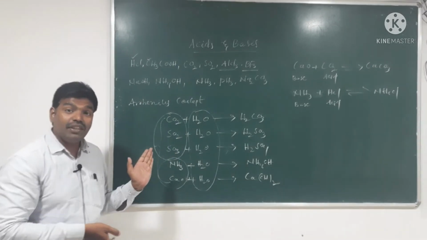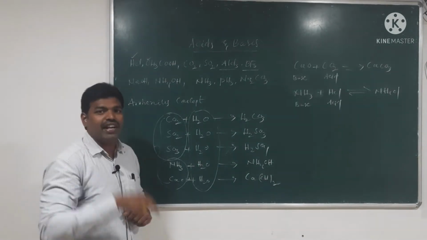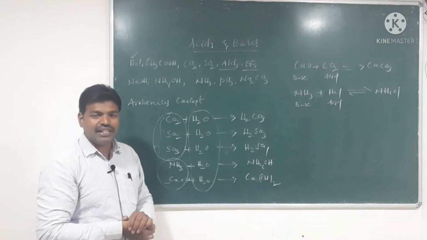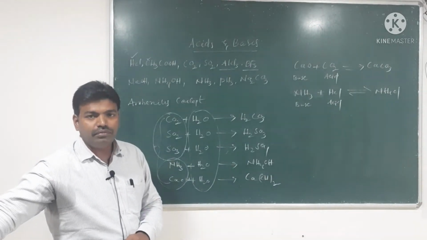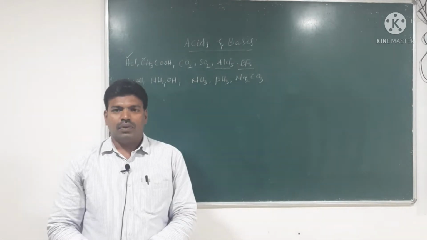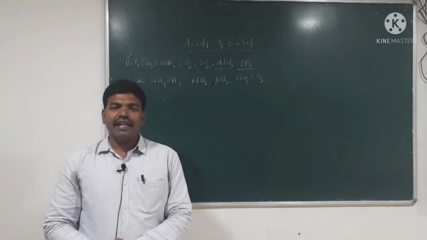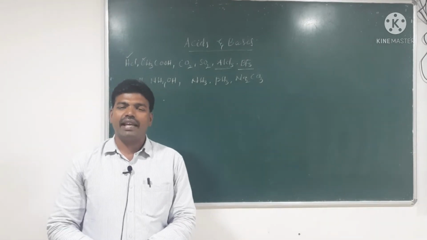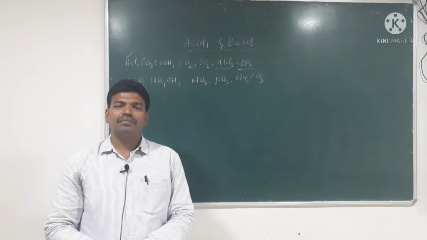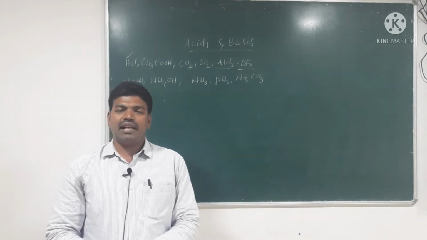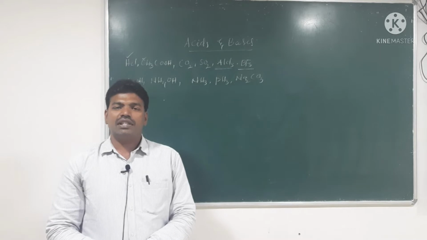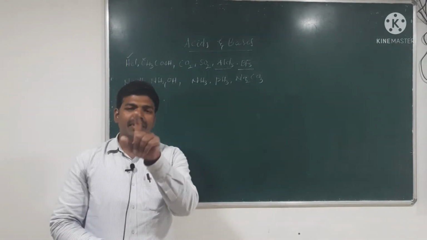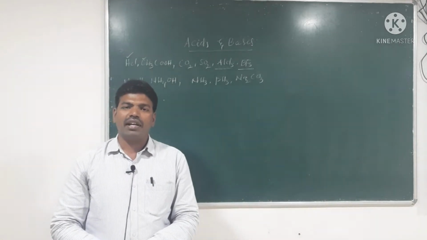If we use another solvent instead of water, right? This is about Arrhenius theory. Arrhenius theory fails to explain the acidic nature of some salts like AlCl3 and BF3, and non-aqueous acids like CO2, SO2, SO3, but that limitation can be overcome in the presence of water as solvent.